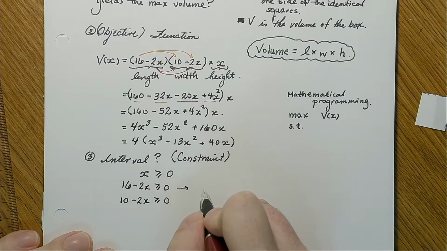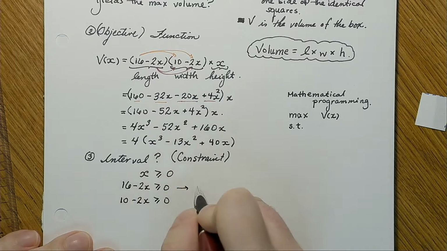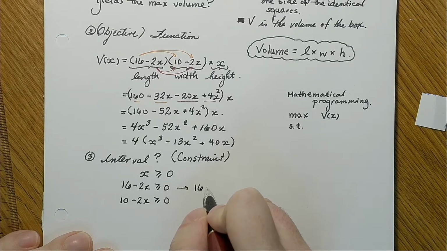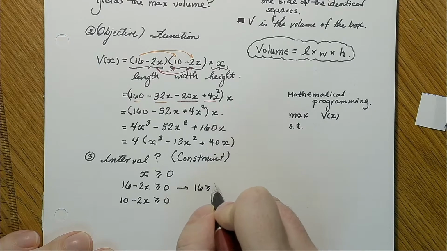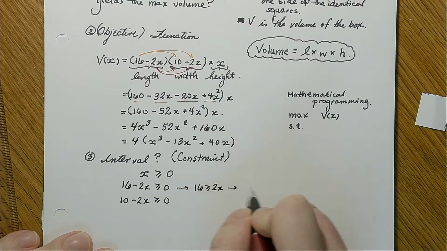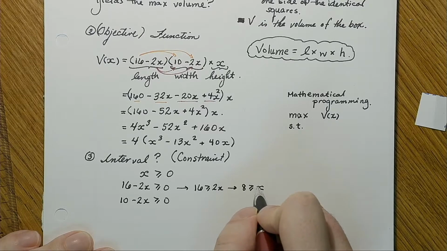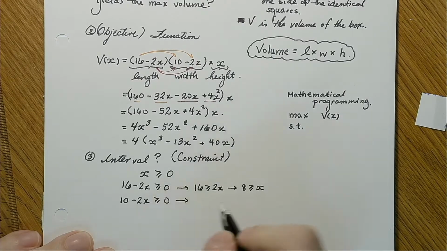Okay. So this is fine. I'm going to do a couple of steps here. So I'm going to solve for x. So 16, and then the 2x comes over to the right-hand side. Divided through by 2 on both sides, I get 8, so x has to be less than or equal to 8.